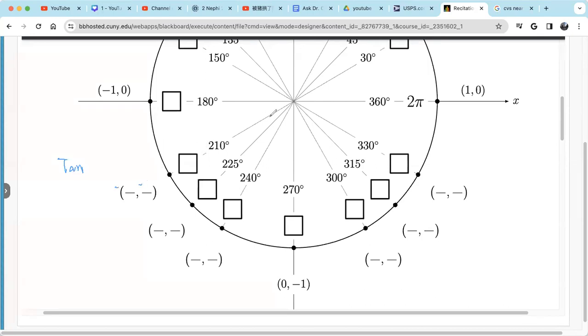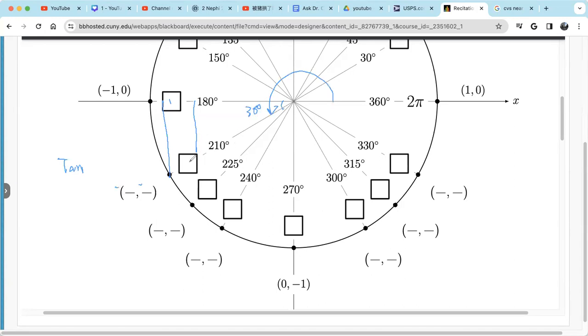Let's look at only one triangle. Let's look at 210. We should make a triangle here, right? The true angle we always measure from the positive side of the x-axis. The true angle is 210 degrees. But when we talk about the values of cosine 210, we look at this triangle. Its reference angle is 210 minus 180, which is 30 degrees.